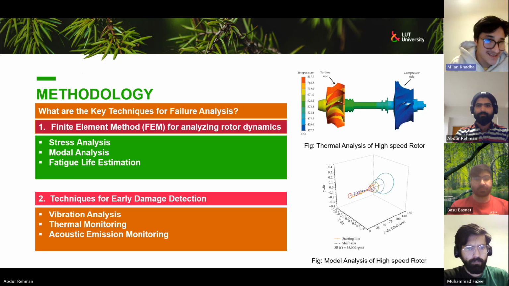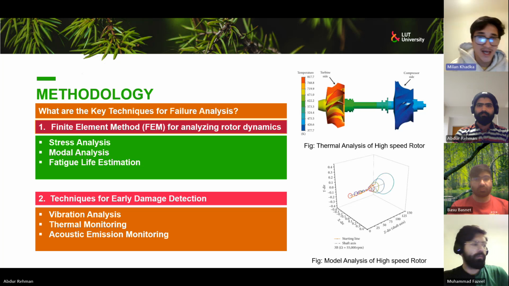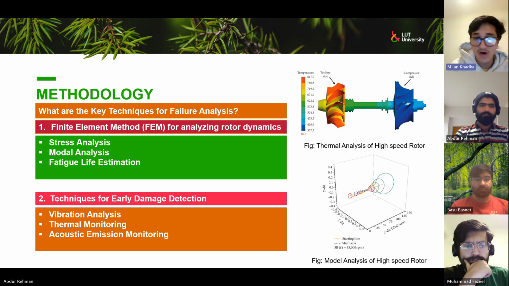It basically comprises three main categories. The first one is stress analysis, which analyzes the centrifugal and thermal stresses. Another is modal analysis, which identifies the vibration modes and natural frequencies. And another one is fatigue life estimation, which predicts crack propagation over time.